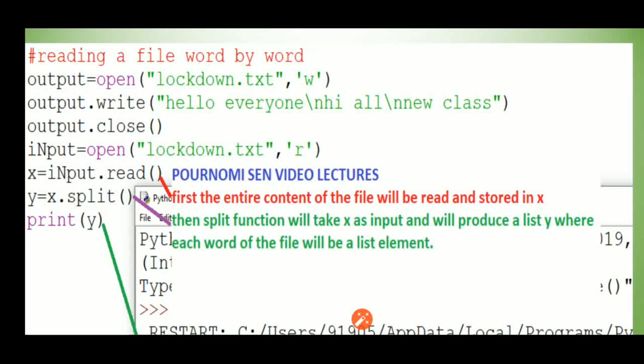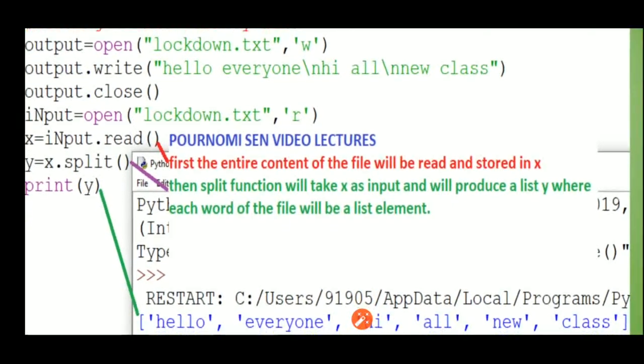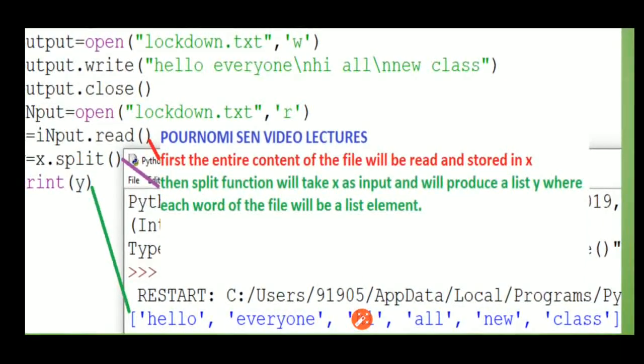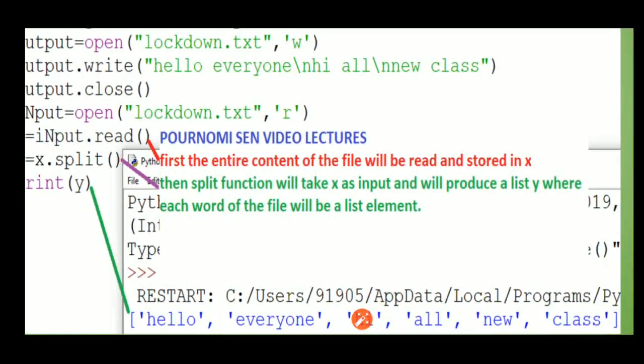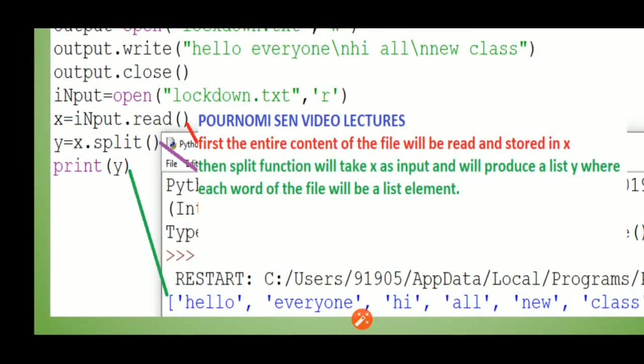We know that the split function takes a string as input and produces a list as output. The split function will take x as input, follow the green line, and will produce a list y where each word of the file will be a list element. So if we print y, see what happens inside y.